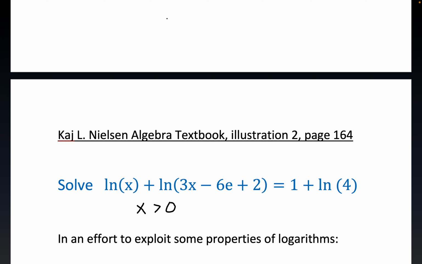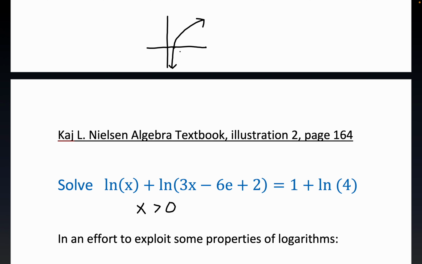And recall what the graph of any logarithm function looks like with a positive base. It looks something like this. It passes through (1, 0), because any base raised to the 0 is equal to 1. That's a graph of just the stereotypical natural log function.